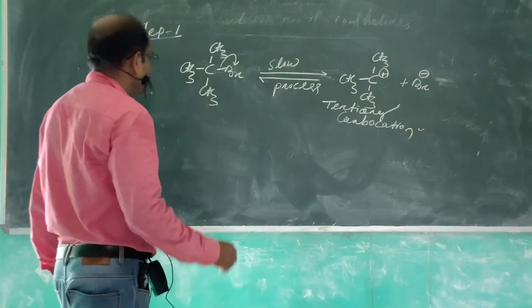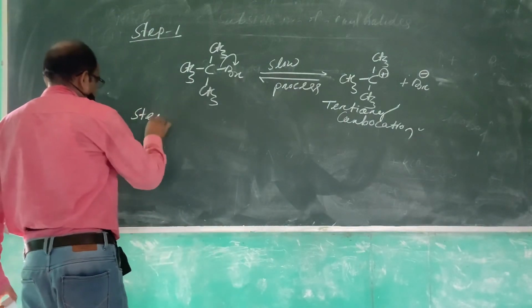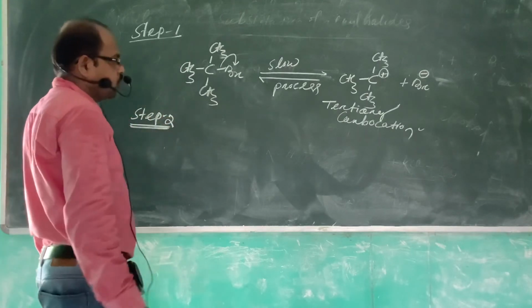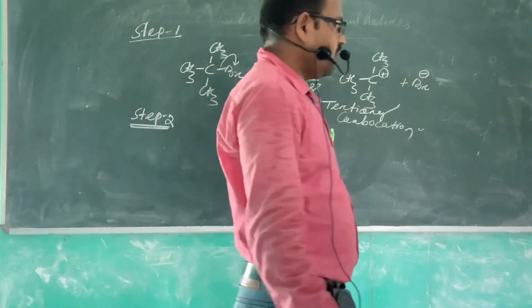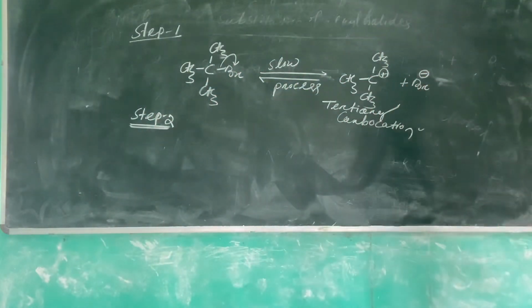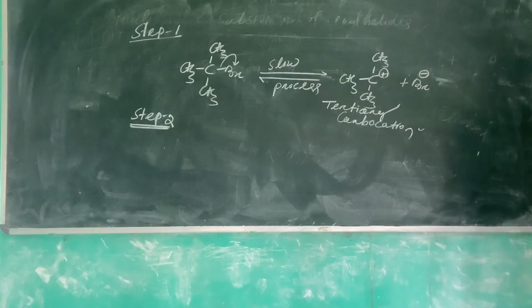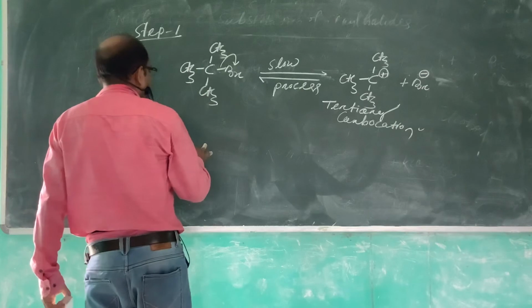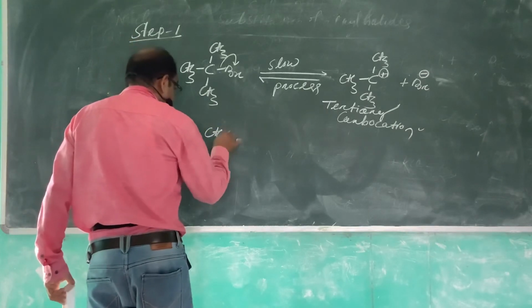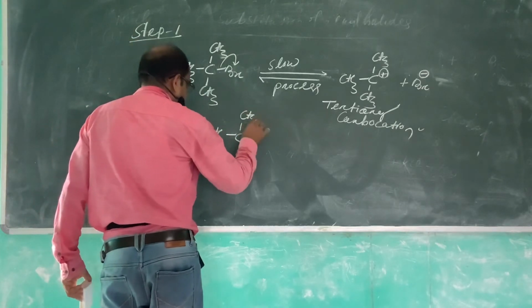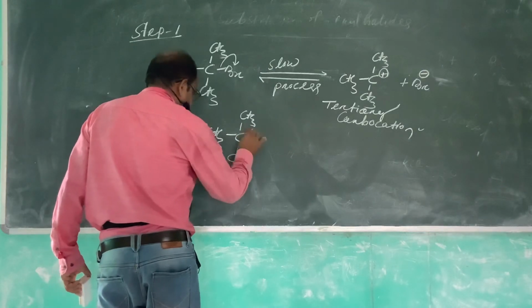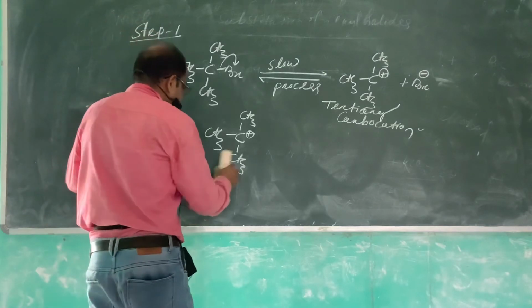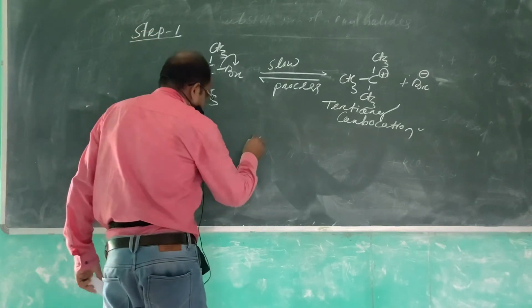Then come to step 2. Step 2 is the attack of a nucleophile on the carbocation of the alkyl halide. The carbocation obtained from the alkyl halide is sp2 hybridized, which gives it a planar shape.